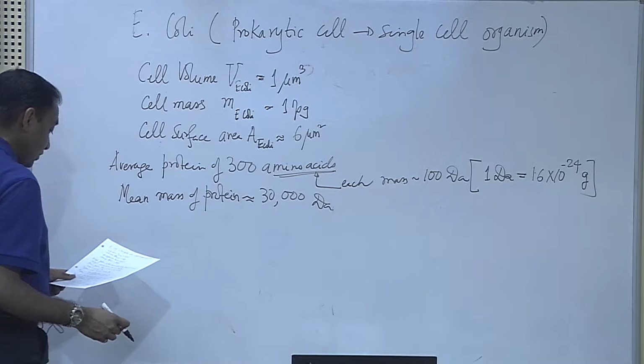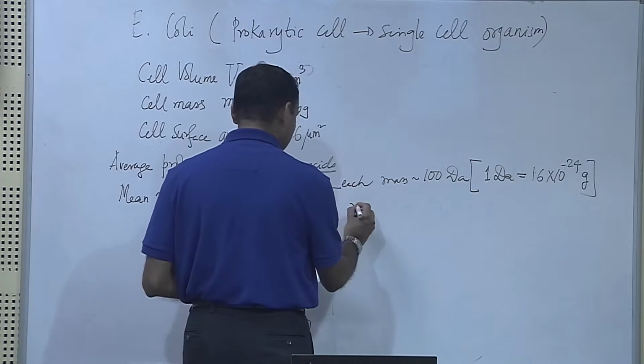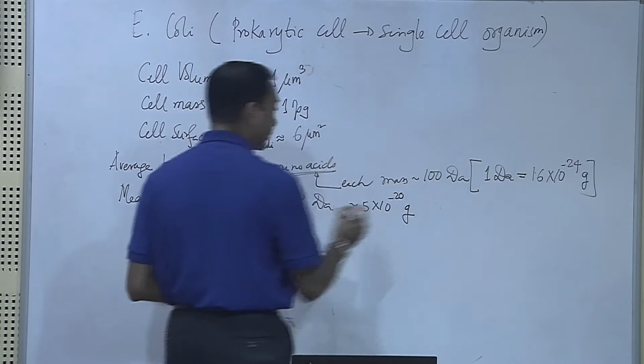So, if I convert that, a typical protein mass comes around 5 times 10 to the power of minus 20 gram.